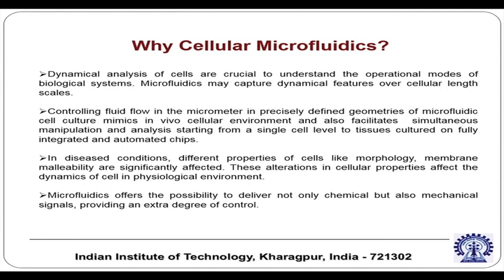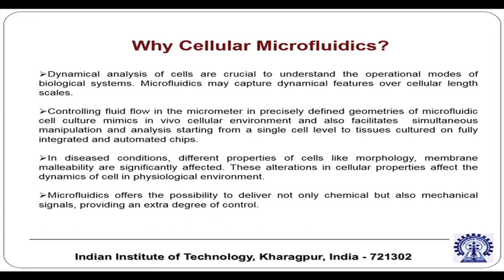Now, not only cancer biology, one has to understand that typical biological cells in the human body are of length scales of around 10 microns or so. So, the length scale of a cell is very much compatible with the length scale of a microfluidic system or channel.